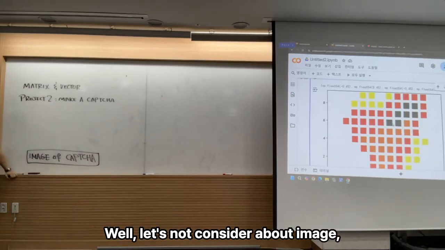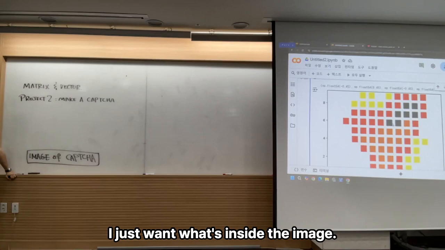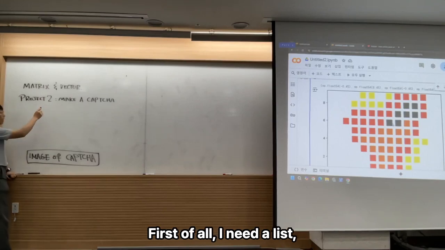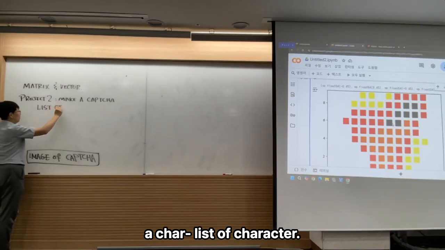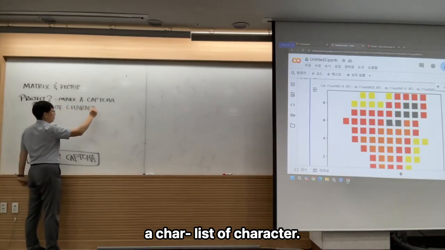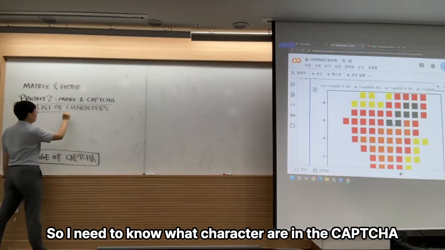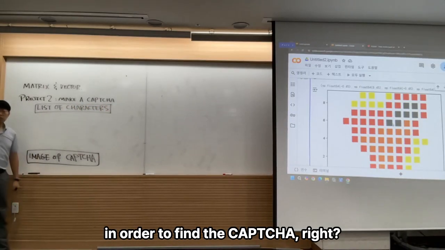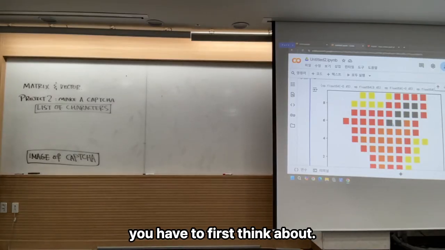Well, let's not consider the size of the image or anything else. I just want what's inside the image. First of all, I need a list of characters. So I need to know what characters are in the captcha in order to make the captcha, right? That's the most fundamental thing you have to first think about.